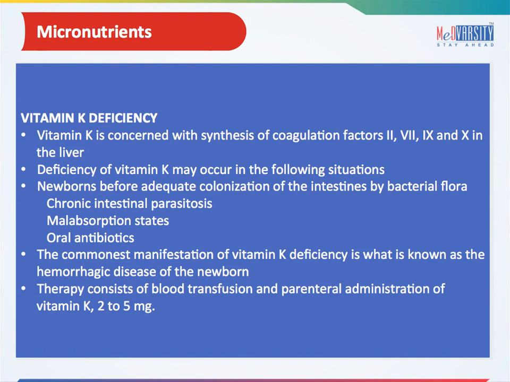The commonest manifestation of vitamin K deficiency is what is known as the hemorrhagic disease of the newborn. Therapy consists of blood transfusion and parenteral administration of vitamin K, 2 to 5 mg.